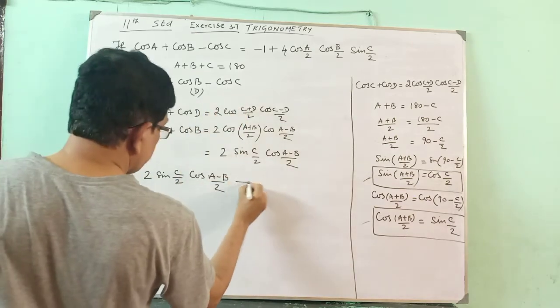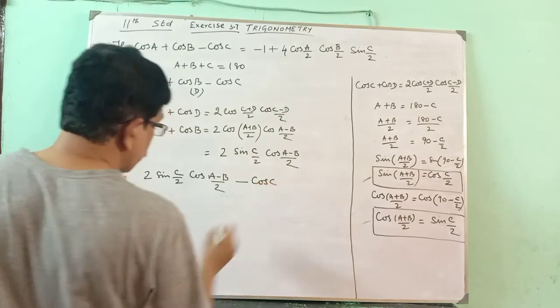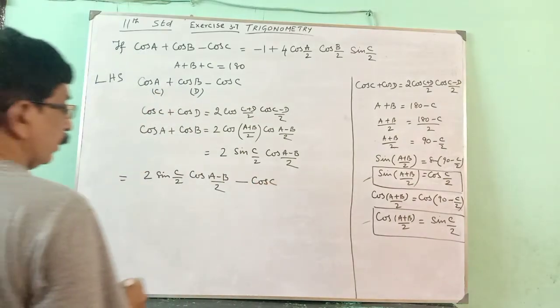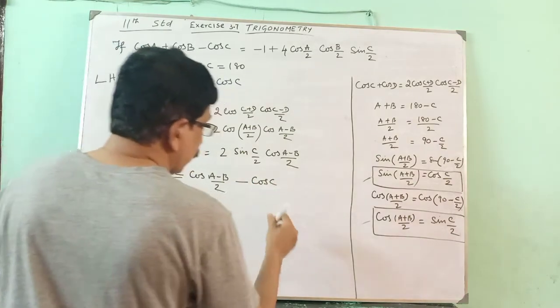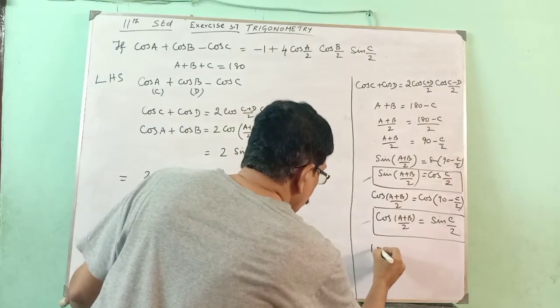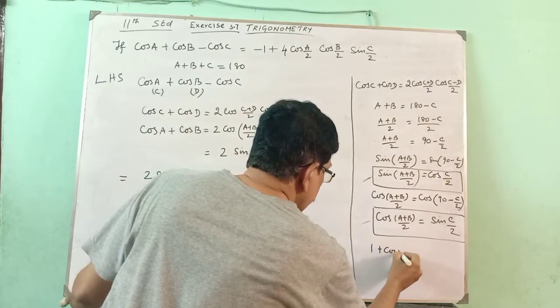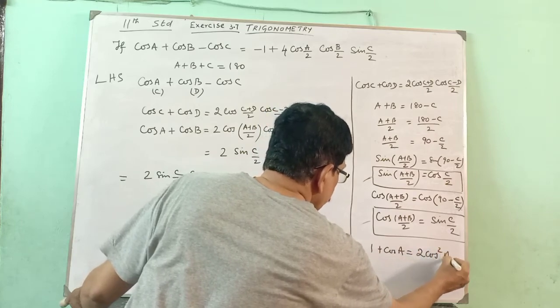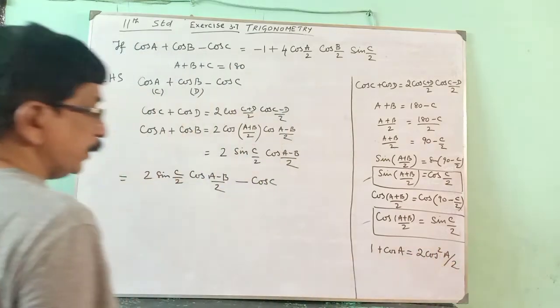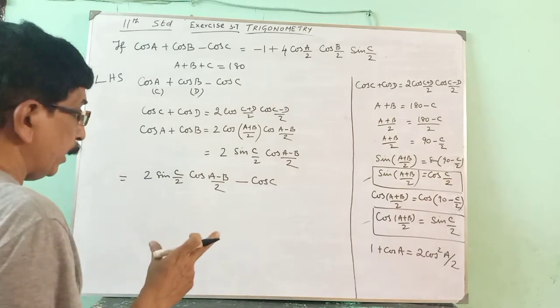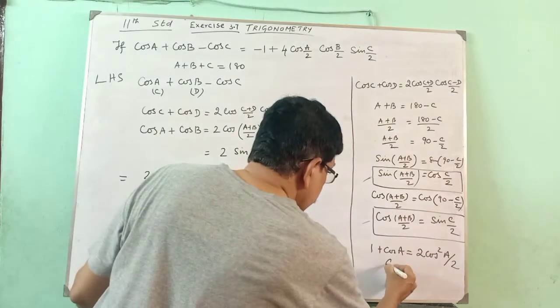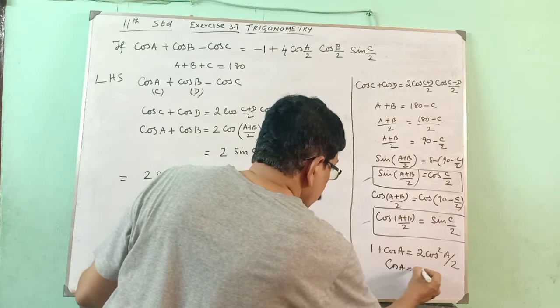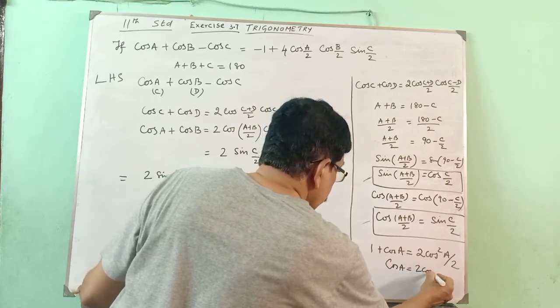Remaining is minus cos C. Using the formula 1 plus cos A is equal to 2 cos square A by 2, cos A is equal to 2 cos square A by 2 minus 1.